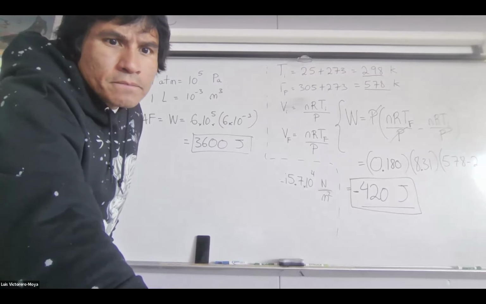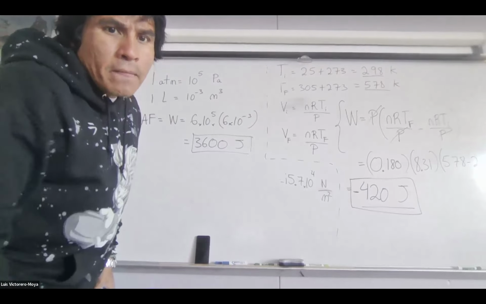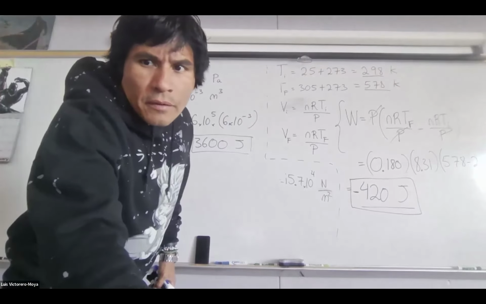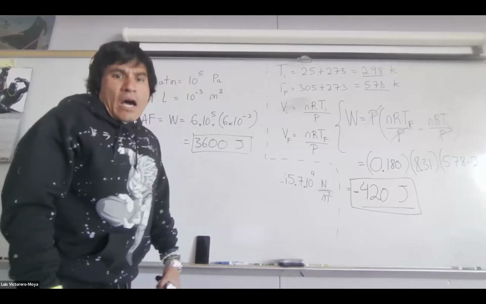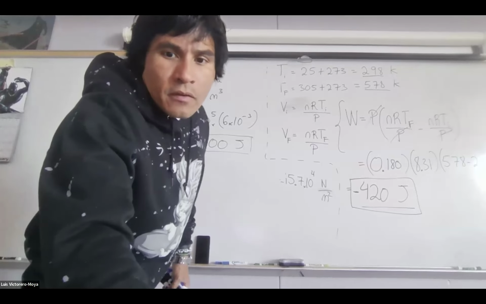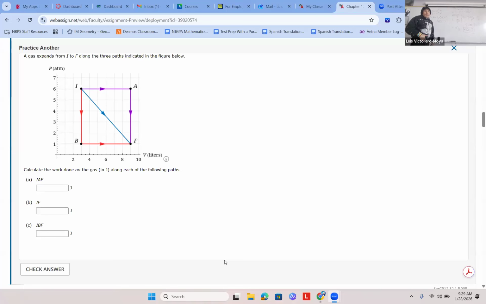All right. Now IF. Let's share the screen again. How will you go from I to F? You are expanding the gas again. And just here quickly, let me show you what you need to focus on.